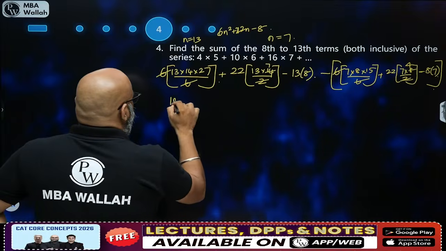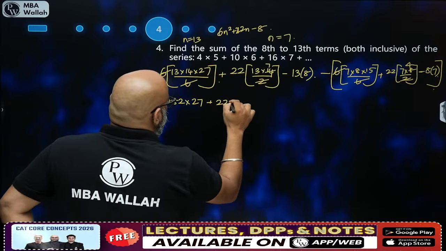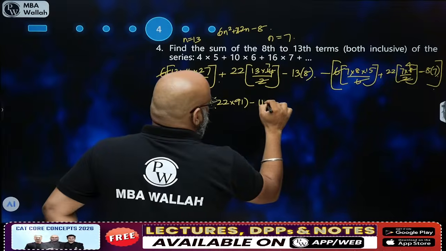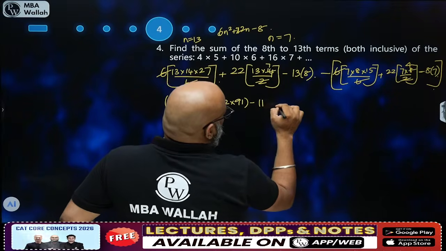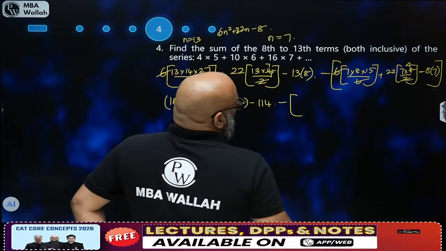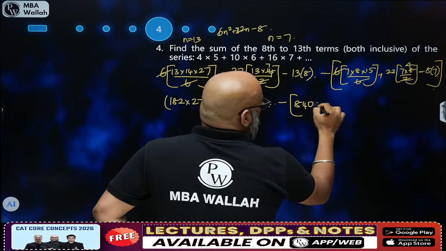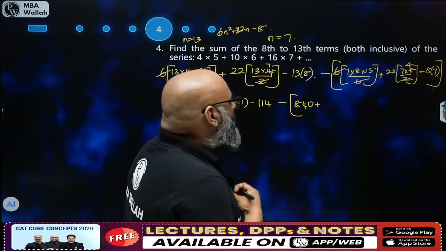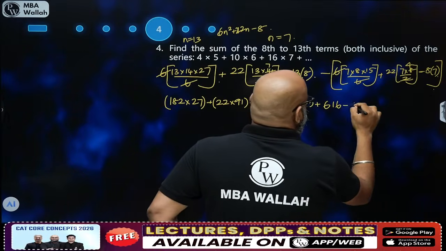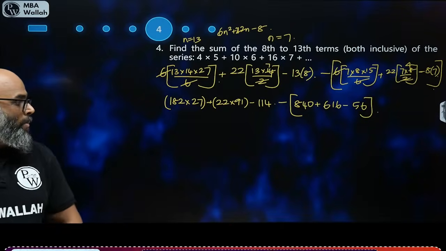This is 182 into 27 plus 22 into 91 minus 114. Minus 56 into 15 is 840. That's easy. Plus 28 into 22 is 25 square minus 3 square, 616 minus 56. Just help me out with the math. Let me know if I'm making a mistake. I'm hopefully right here.